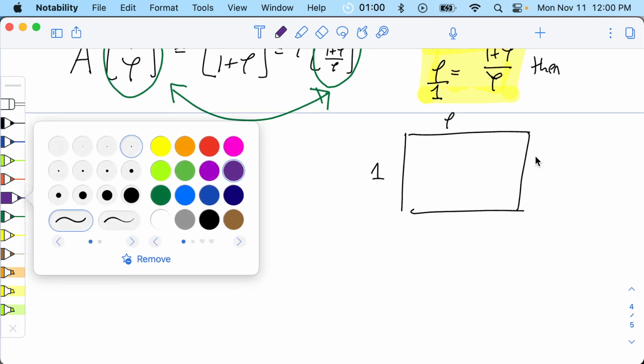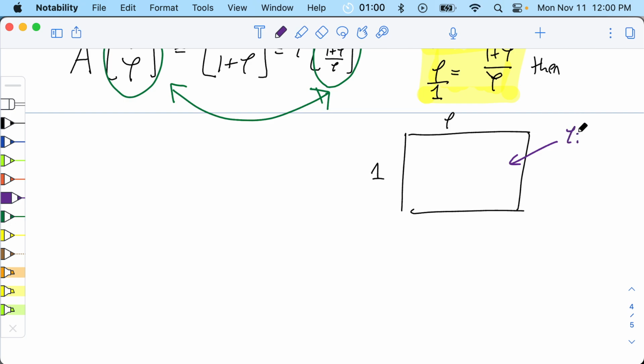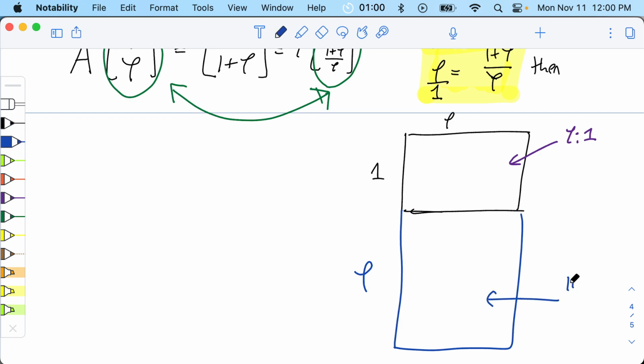So this is a phi to 1 rectangle, phi to 1 aspect ratio. Then you go down, you get 1 plus phi to phi. So make this thing phi. This whole length here is 1 plus phi. And so if you look at this big rectangle, this is a 1 plus phi to phi rectangle.